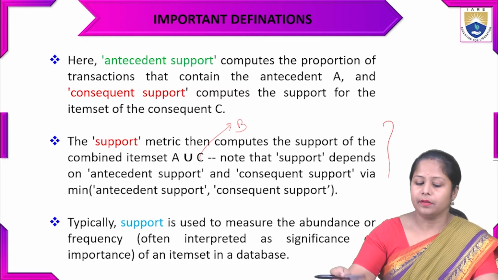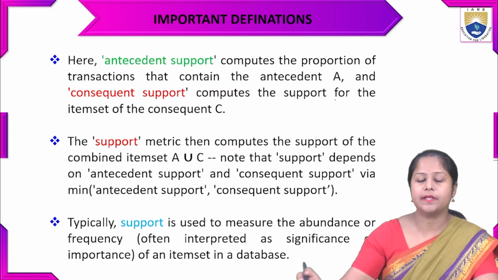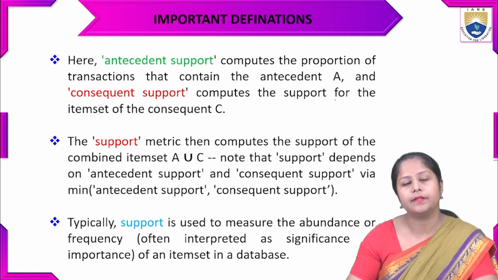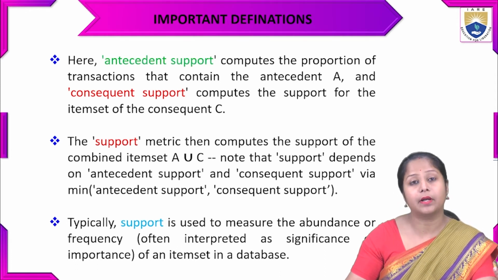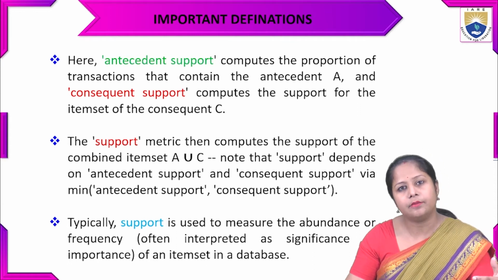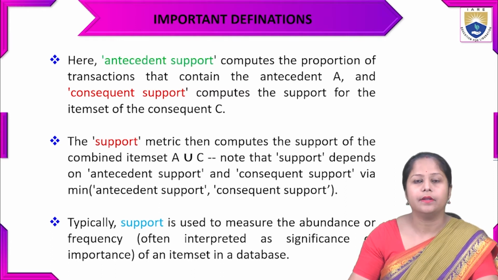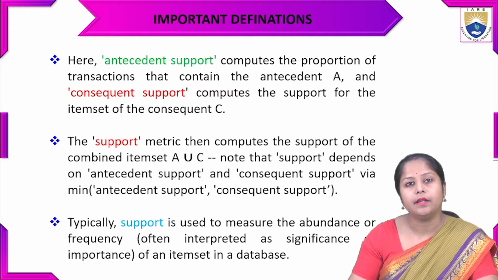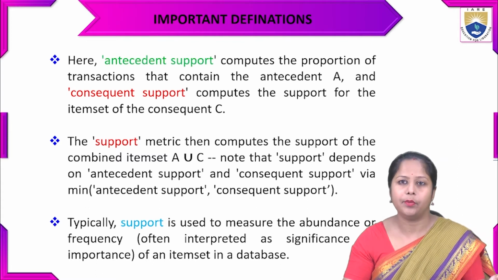So the support will be the combination of that, computing the support of the combined item set that is occurring either in the A item set or in the B item set. So there will be the union of that. If that is occurring in both of the item sets, then that will be the support, right?